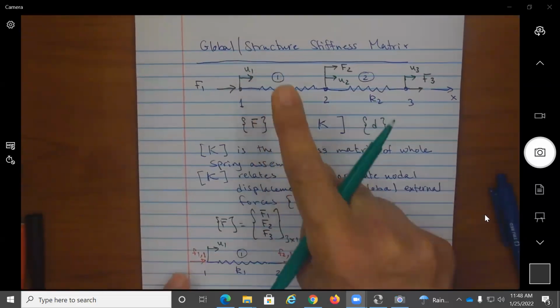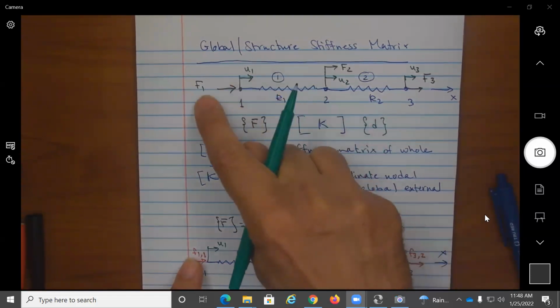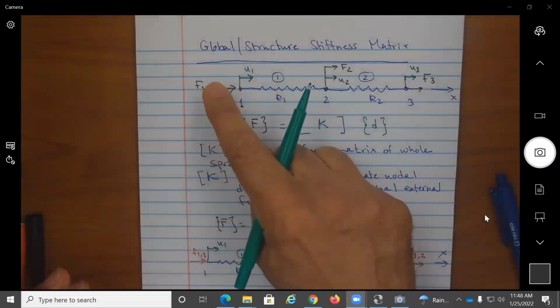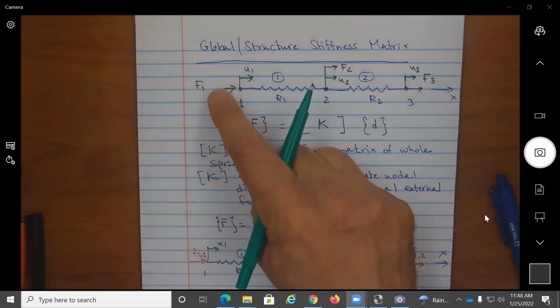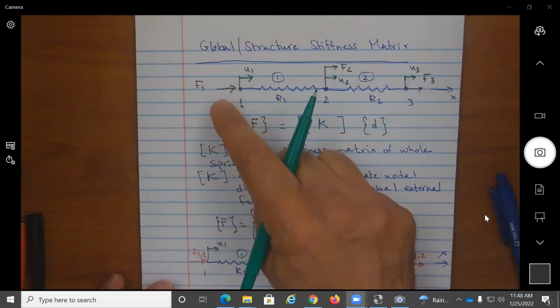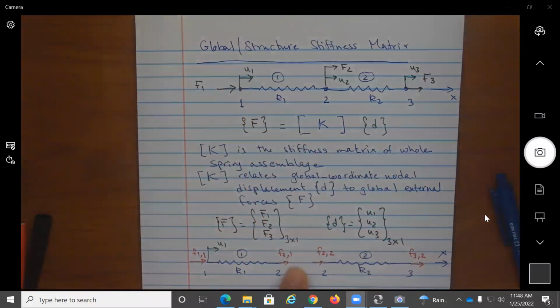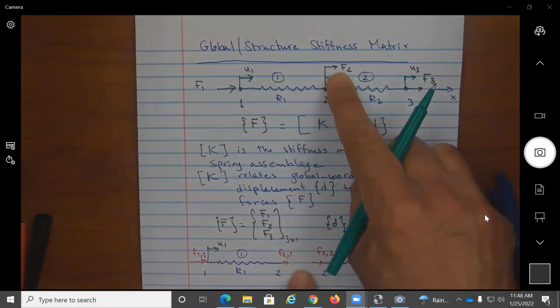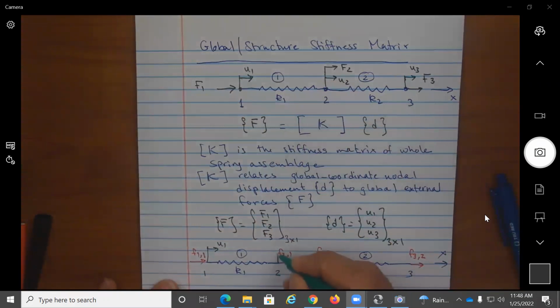But this F11, the red, is not the same as this black F1. Actually, it can be, but it does not have to be. There could be other elements connected, as we're going to see here. We have two F2s and only one F2 in black. So I'm going to also show the displacements here. This U2 is the same as this U2, and here we have U3.